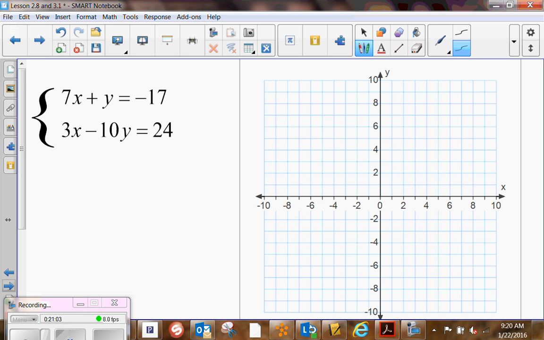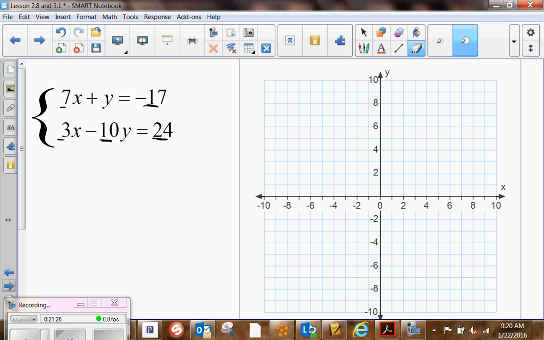But sometimes the equations themselves are not written in a way that's conducive to graphing easily. These two are both in standard form, but notice that this 3 is a factor of 24, but negative 10 is not. So that's going to be hard to find the x and y intercepts. Same on the first equation. This 7 will not go into 17. So I've got to find another way.